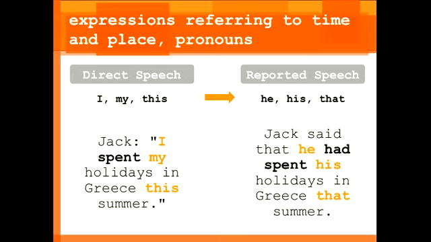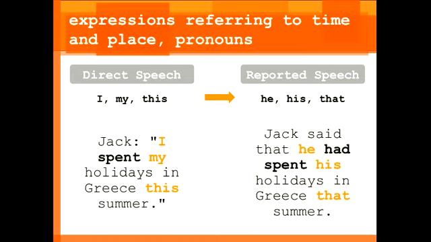But some other things have changed too here. Now, Jack said that he had spent. You cannot use I in the reported speech here, because if you are saying the sentence, then you would have to use the correct personal pronoun, which in this case is he. Then of course he said that he had spent his holidays. You cannot say my holidays here, because it wasn't your holidays, it was Jack's holidays.